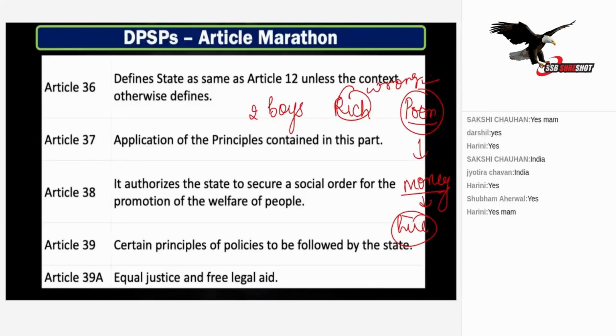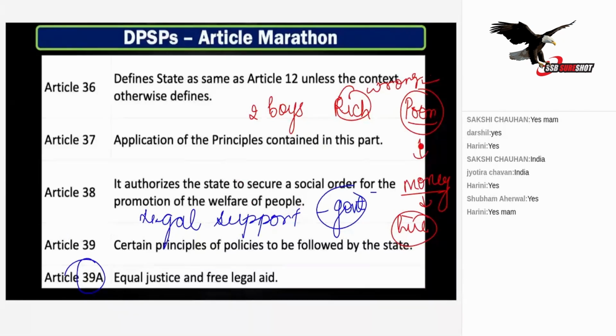Yes. So that is why Article 39A says that in our country, a person who is not able to hire legal support, the government is liable to provide it. Our poor boy can move towards any court, and in the court there are government lawyers, and one of the government lawyers will defend this poor man for free, totally free.